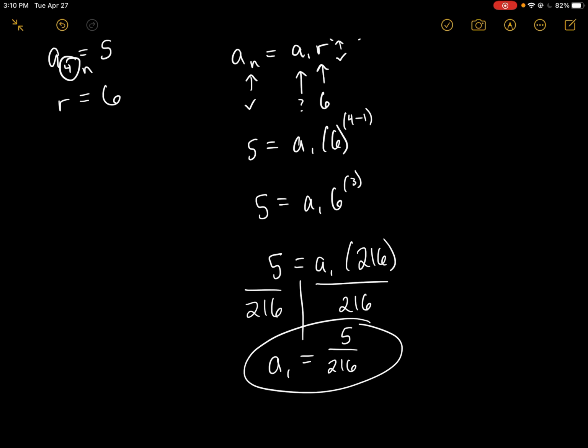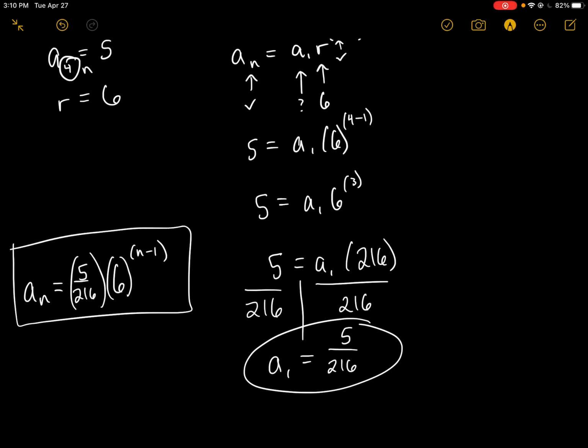Let's actually leave that as a fraction, otherwise we'd have some messy rounding. We just solved. We basically plugged in things that we knew and solved for the things that we didn't. Once more, we can write out this full sequence: a subscript n equals 5 over 216 times our common ratio of 6 to the n minus 1 power. And that is our fully defined geometric sequence.